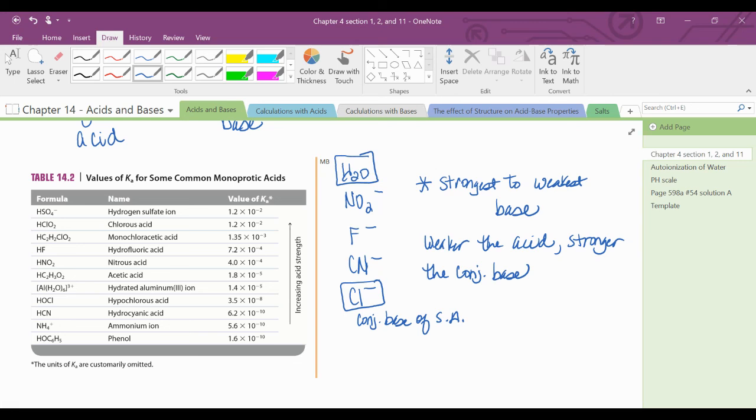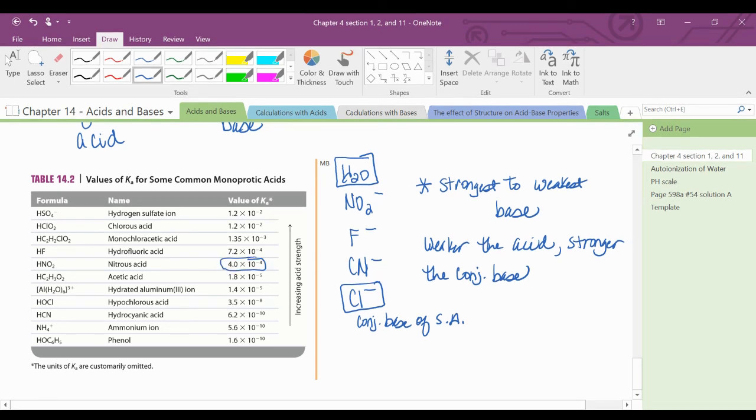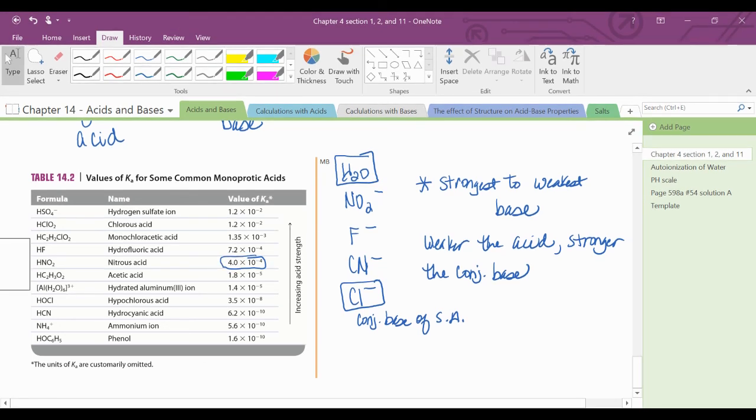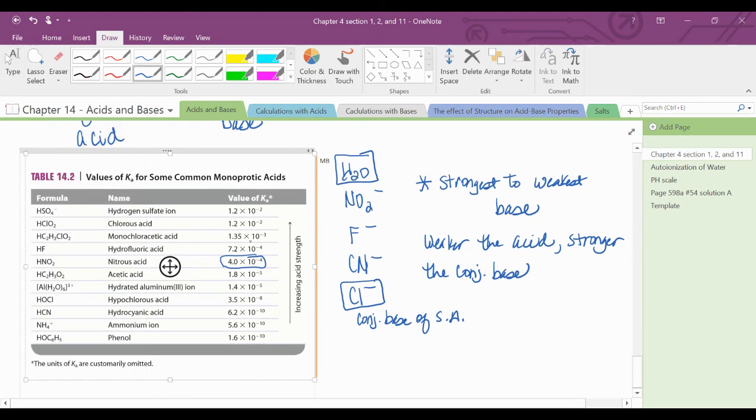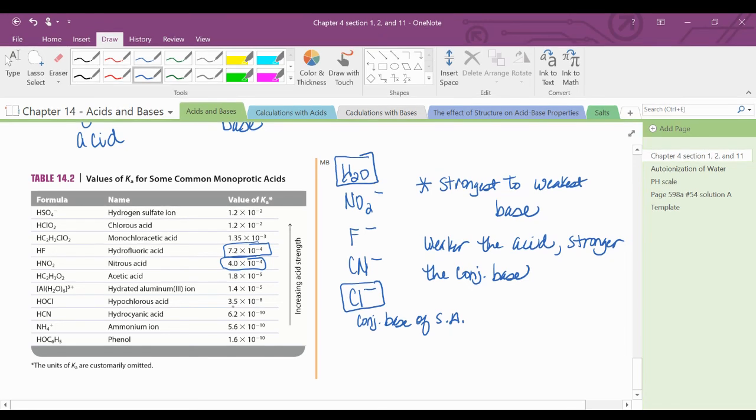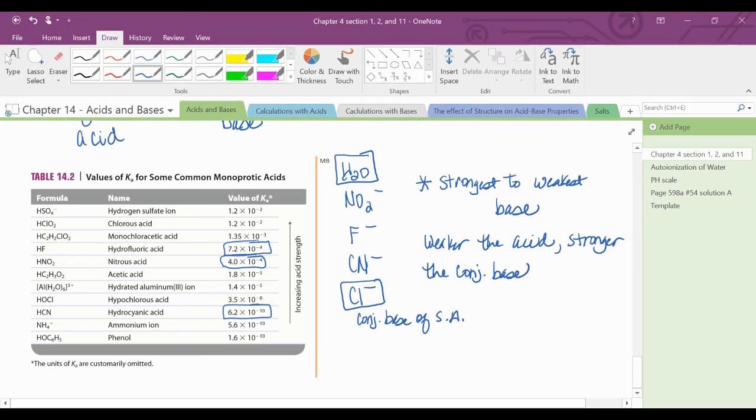Okay, then the rest of these, the acid should be listed. Okay, so NO2 would come from nitrous acid, fluoride would come from HF, and CN would come from hydrocyanic acid. And these are their Ka values.